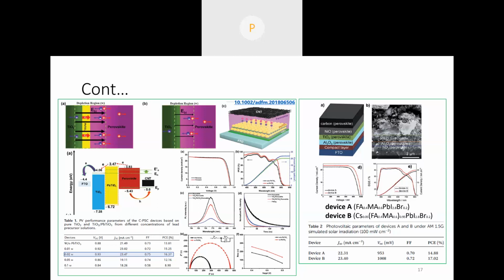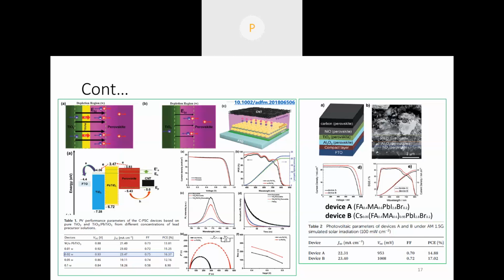Another study is with the addition of this nickel oxide, and they use a mixed perovskite in this case. Generally, what we use is MAPbI3 as the perovskite in carbon-based solar cells. In this, they tried a mixed cation perovskite, a triple cation, and they found that, as I already discussed, the band gap of your perovskite is going to affect your VOC directly.